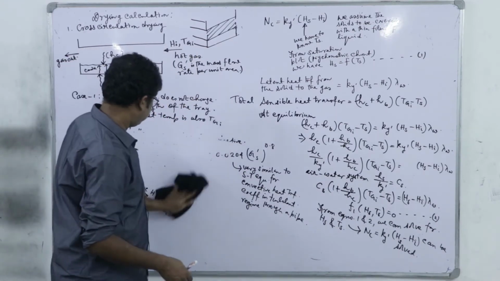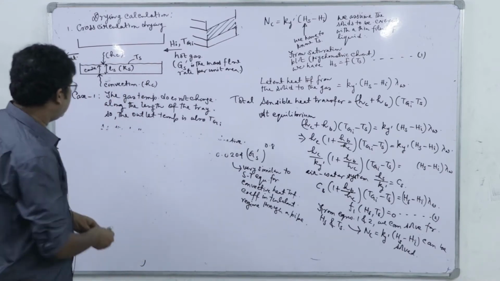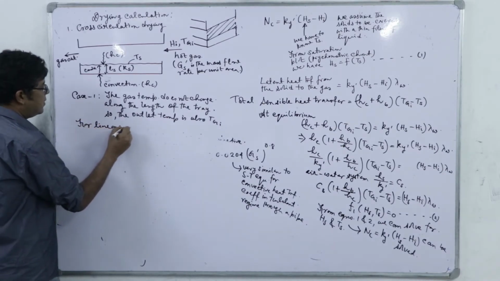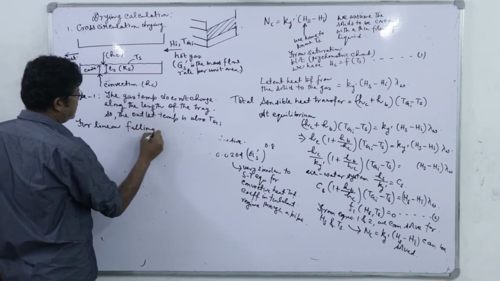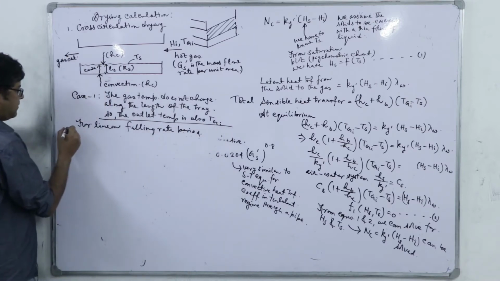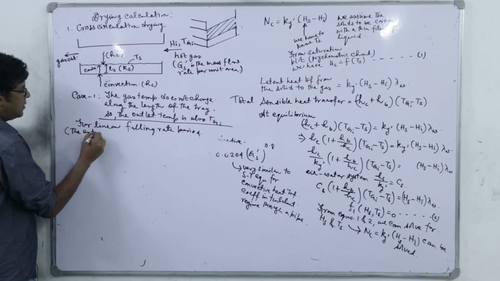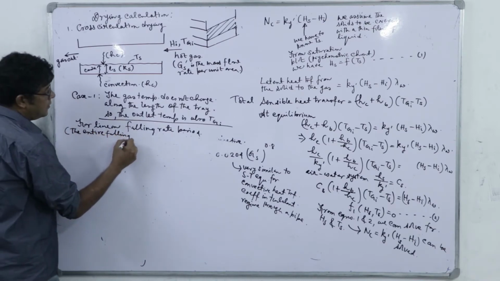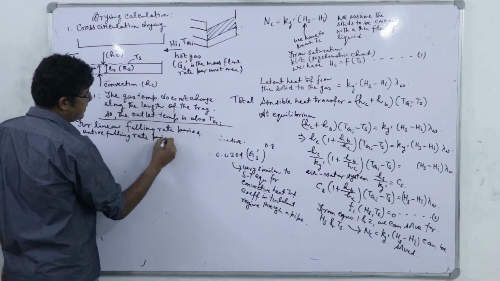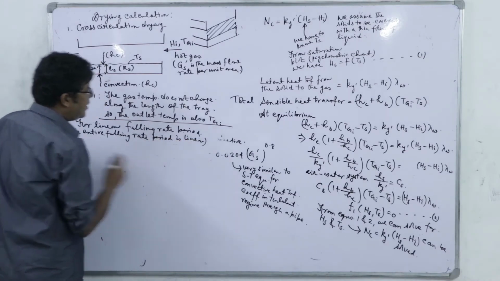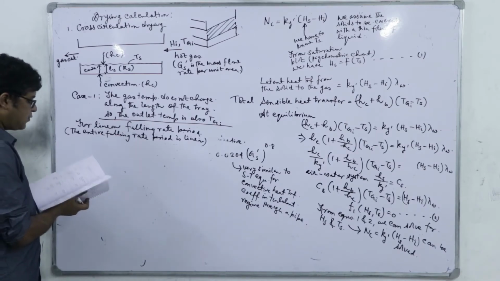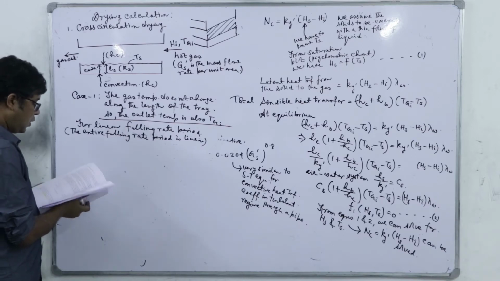It's a batch mode of operation, and we have this linear falling rate period, which indicates that the entire falling rate curve or falling rate period is linear, and we have solved for this batch time.